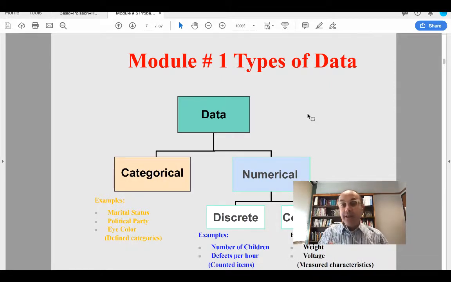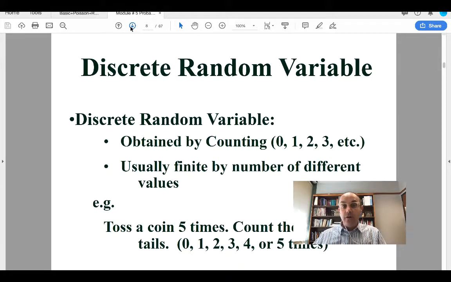Continuous is the weight. Today I feel fat, but if I run this afternoon and don't eat a lot of ice cream late in the evening, maybe I will lose weight. So weight is something that can change at times, compared to the number of children, which is usually steady. So this is the idea of discrete versus continuous.